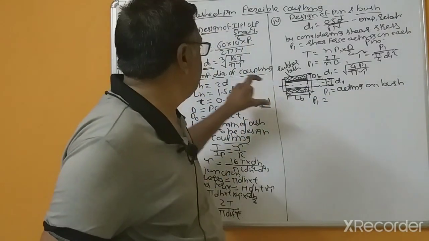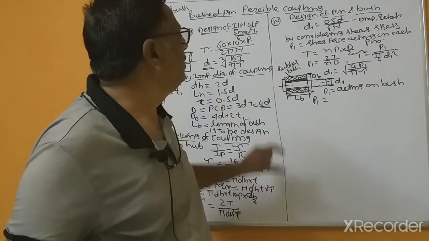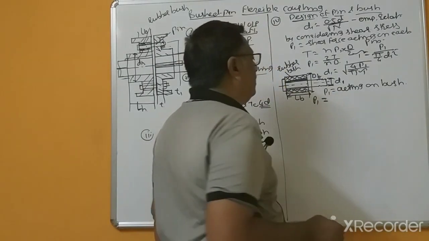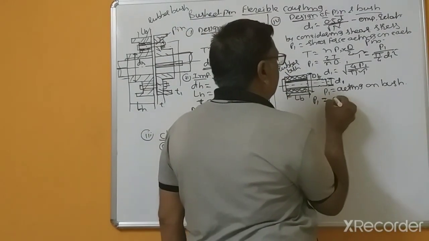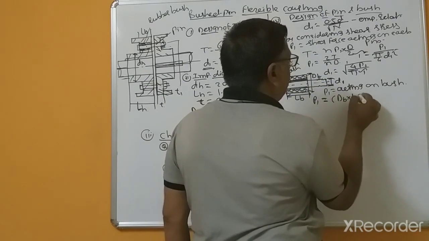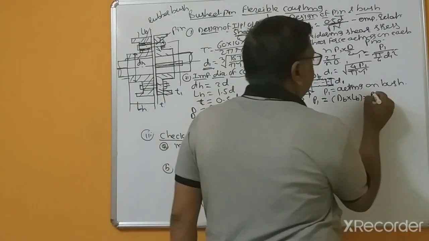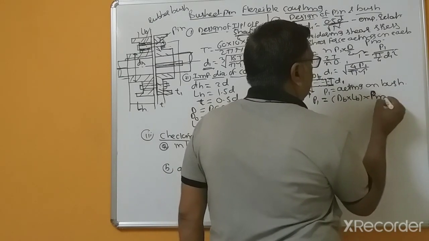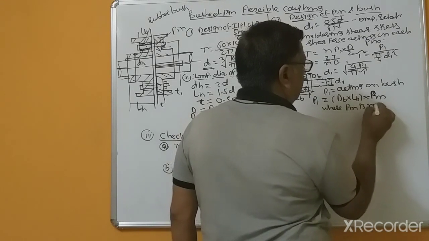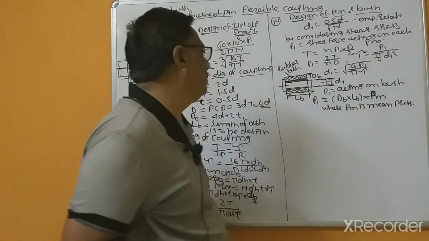this is the diameter of the pin that we calculated, and now for the dimensions of the bush, because this is bearing pressure, here is the formula: projected area dB multiplied by length of the bush multiplied by the mean pressure PM, where PM is the mean pressure acting on the bush.